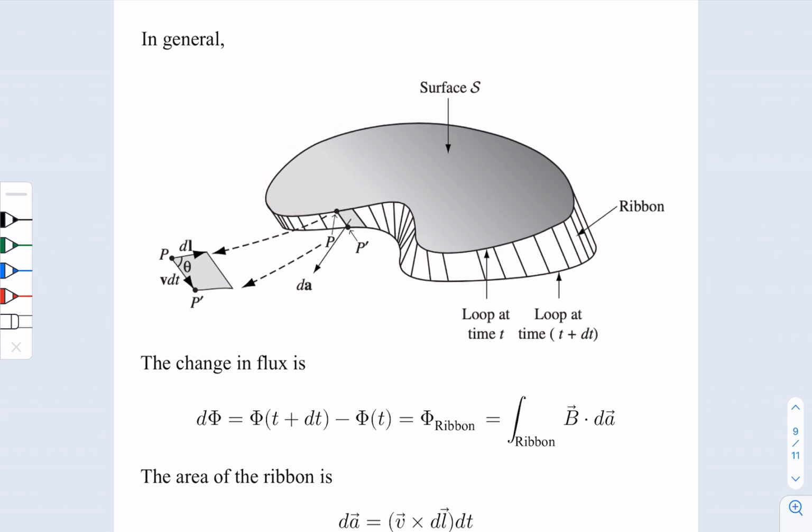The surface here is an initial current loop, and at the next moment we change the surface to the one on the bottom. So there is a change of the shape of the surface.